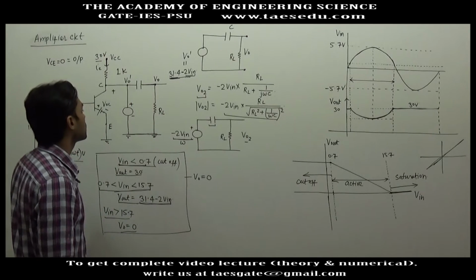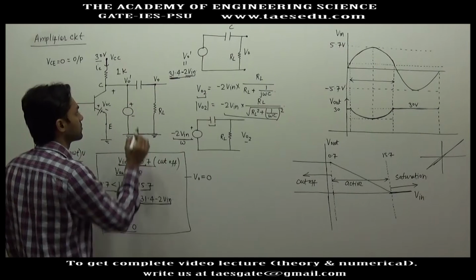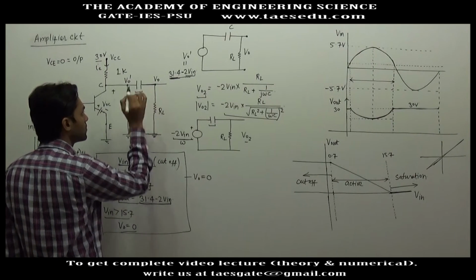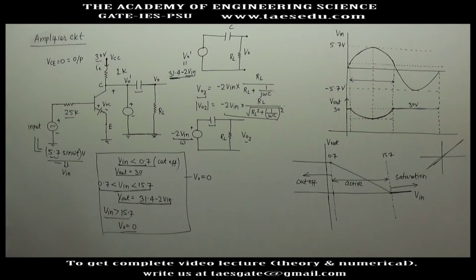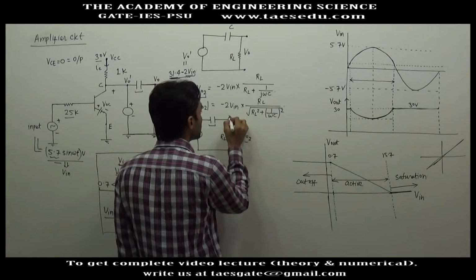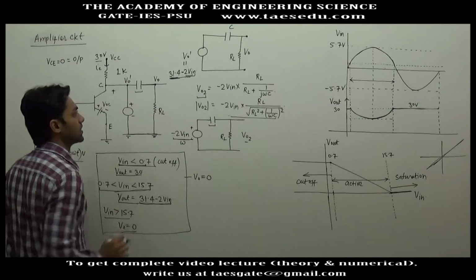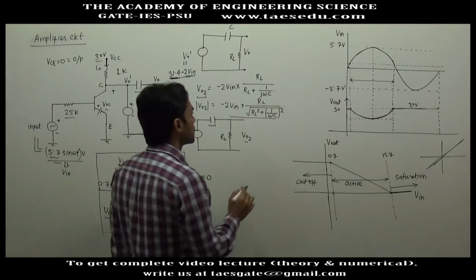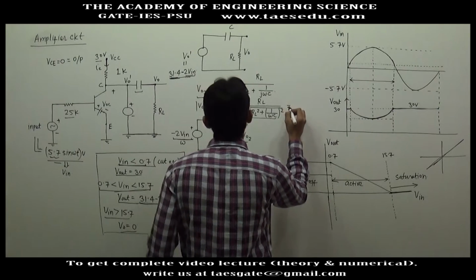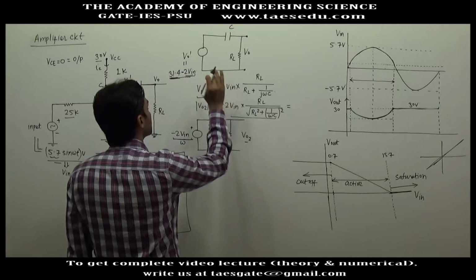Now if you want most of the AC voltage to pass through this capacitor, you want the AC voltage drop across the capacitor to be minimum. So you want this voltage as close as possible to V0 dash.